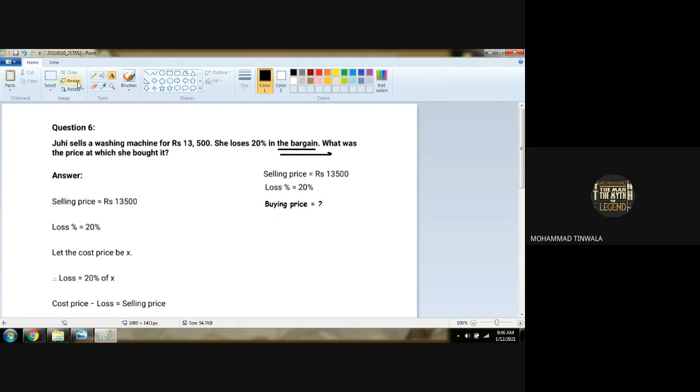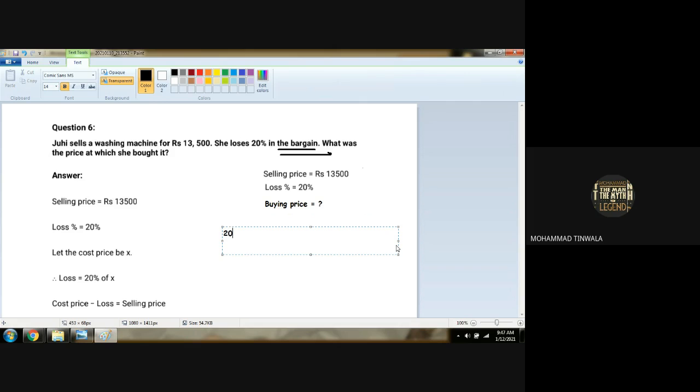The 20% loss cannot be calculated on 13,500, because 13,500 is the actual selling price that we got as an amount. Are you getting it? 20% of it, that amount also we don't have.